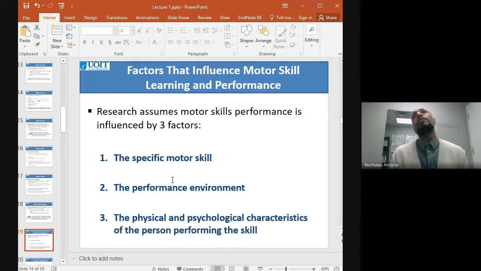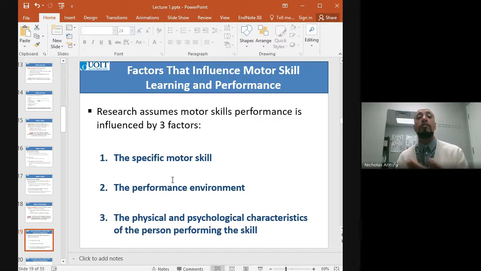Is it easier to shoot a free throw or to take a jump shot when you're on the move and there's a defender in front of you? Right. So this is an example of how the environment affects your ability to perform a skill. Obviously, that's still a jump shot, or shooting the basketball, in each of those examples.